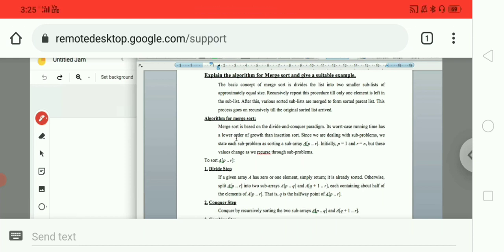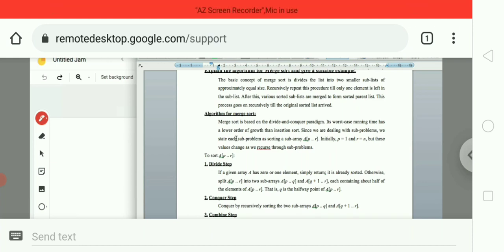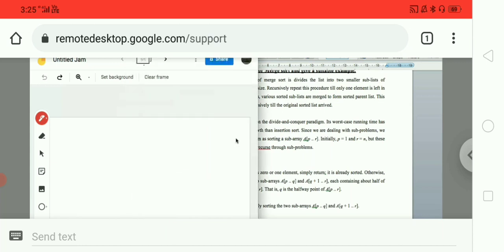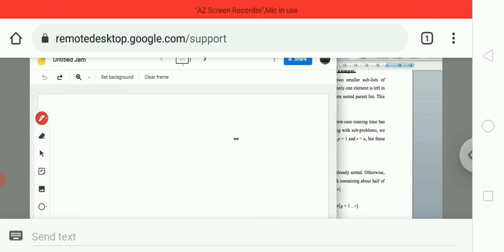So the basic rule to do merge sort is we have to divide the elements, after that we have to conquer, and at last we have to combine all the elements. Now let us take a small example and implement this merge sort technique.